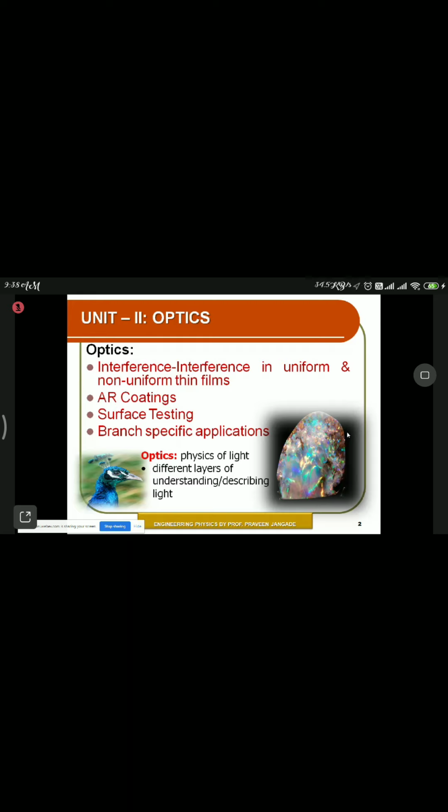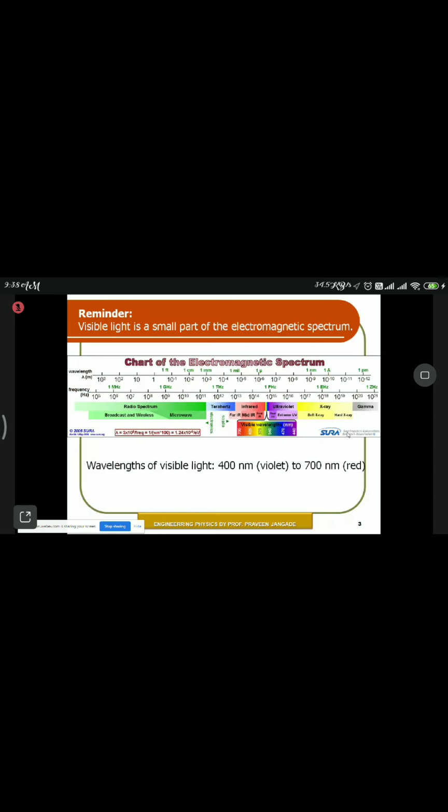Then after this we discussed the electromagnetic spectrum. Everyone should know the range of this. Under this we focused on the visible light spectrum. What is the visible light range? We have seen it is between 400 nanometer and 700 nanometer.